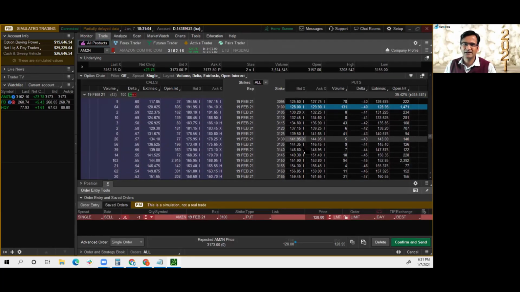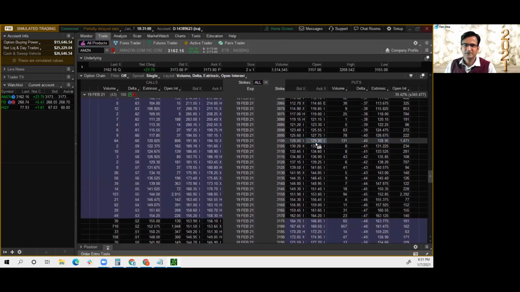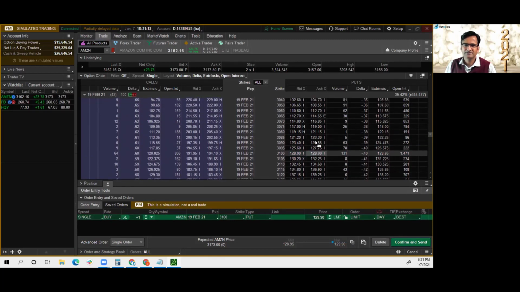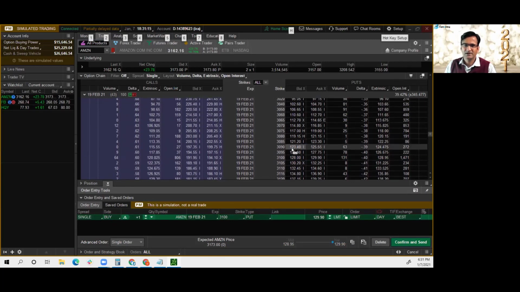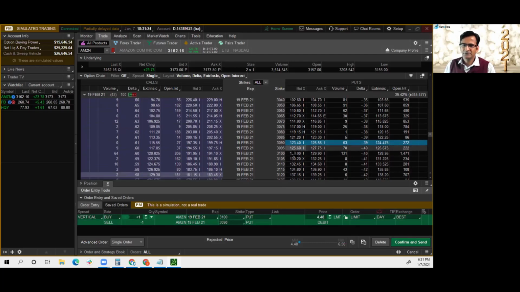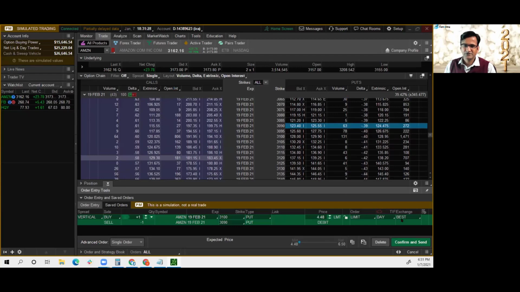If I want to do a long put spread, I buy a put at 100 and then I sell a put at a lower strike price at 39. So this becomes vertical. This is a put spread. Now, when you buy a put, you have to pay out of your pocket.